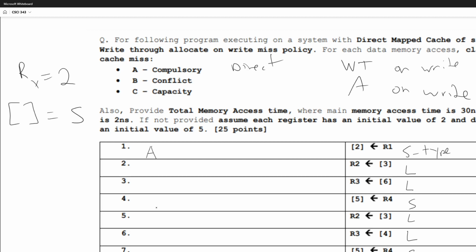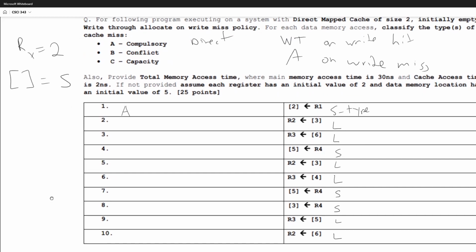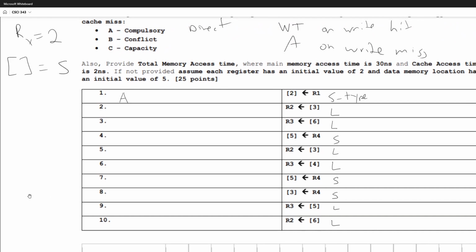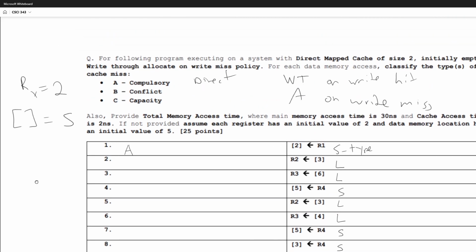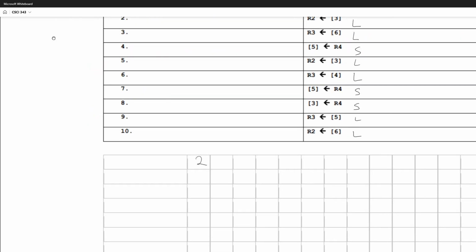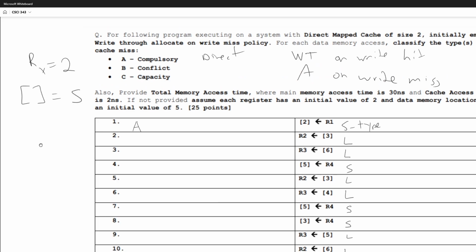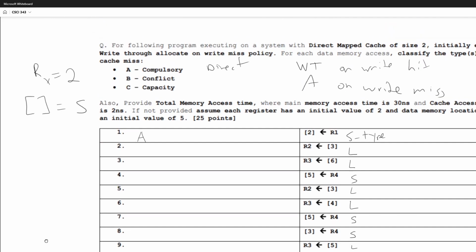So, thank God there's no multiprocessing, but that means that... direct mapped cache of size 2. Am I missing something? Why are there more rows than I need?